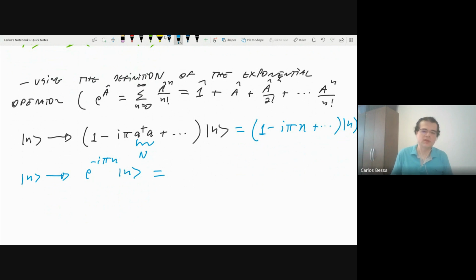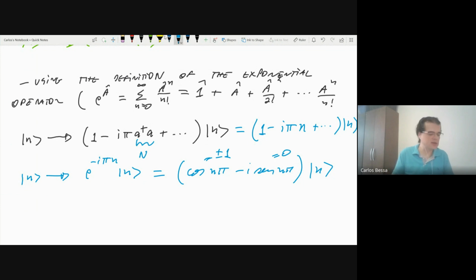And we can still simplify this. We can write this as cosine n pi minus i sine n pi, applied to n. The sine is 0 because n is an integer, 0, 1, 2, 3. For an integer multiple of pi, the sine is 0, and the cosine can be plus or minus 1.